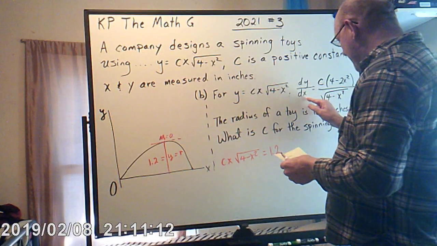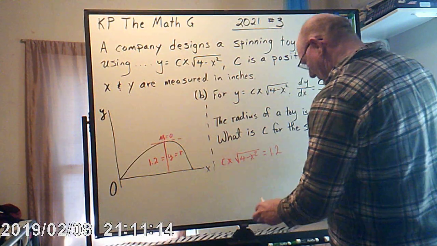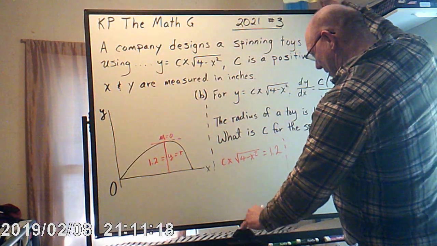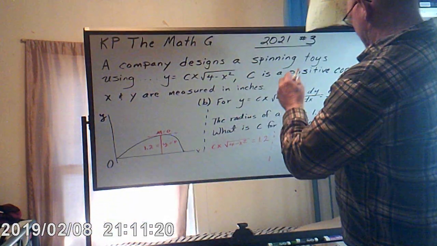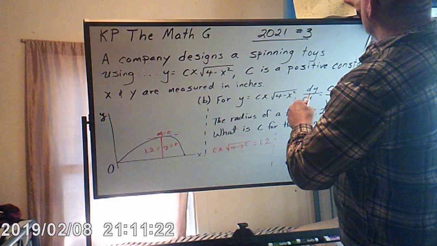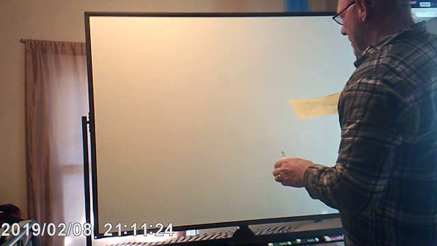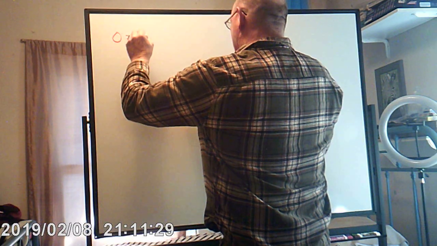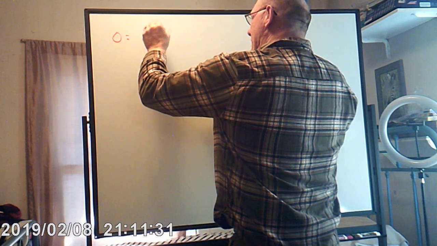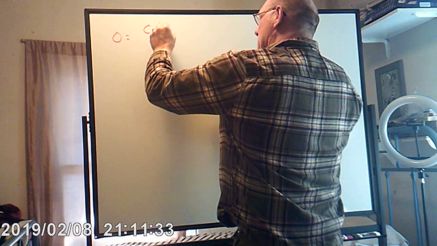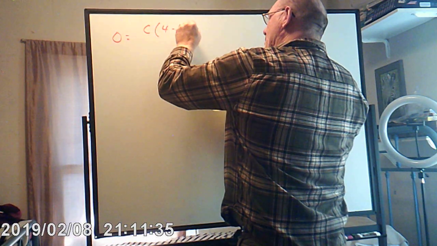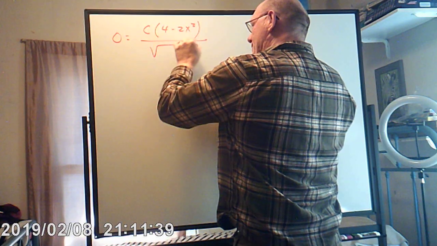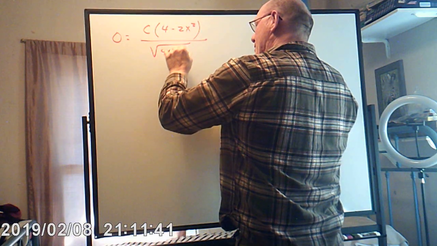So we're going to use the derivative here. We're going to leave this up here. Let me turn this over where we can have some working room. So now dy over dx is 0, and this is equal to c times 4 minus 2x squared all over the square root of 4 minus x squared.